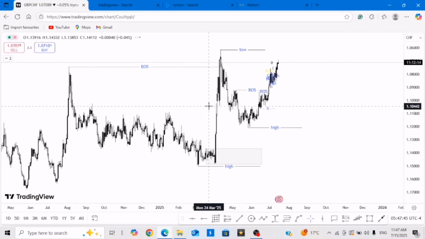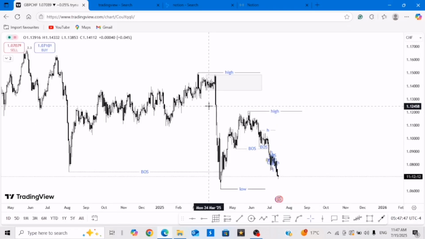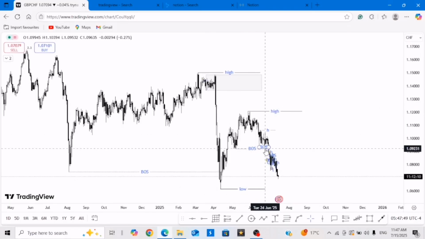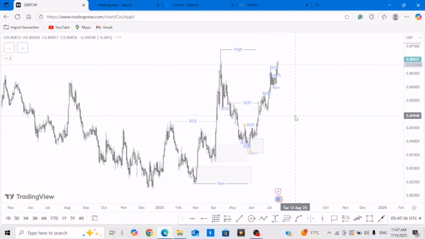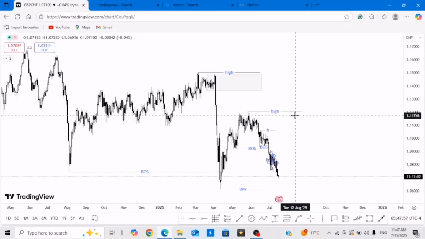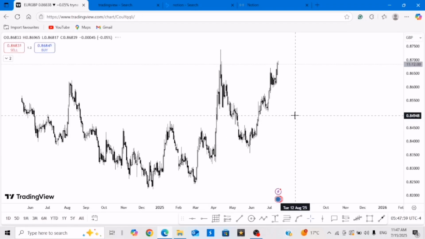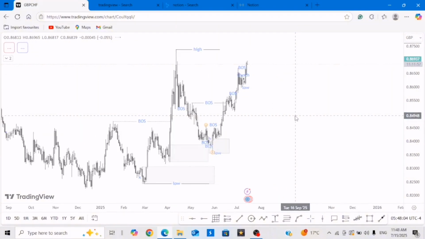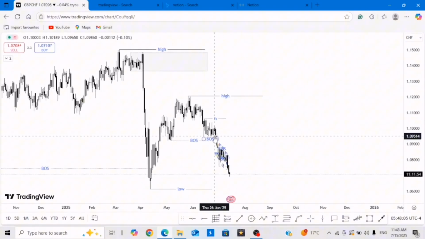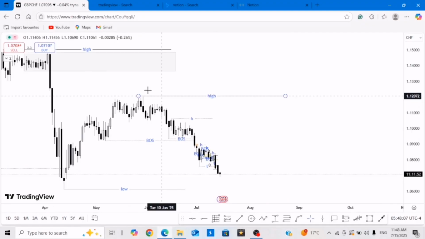Let's go to GBP/CHF. Let me flip it back. This is how GBP/CHF looks normally. So this is like the opposite of this, basically. I don't know if you guys see what I'm saying. So I think I might use that to my advantage as well.